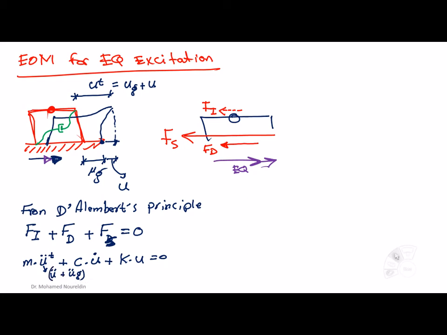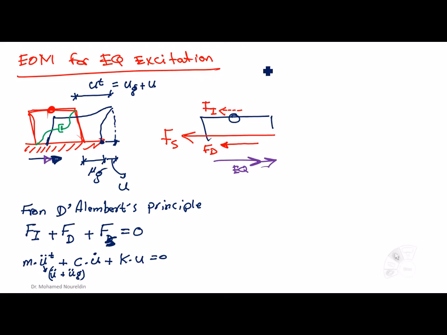There is one displacement at the base, which is going to be ug, and another displacement coming from the structural deformation, which is u. That's what we call it, ug and u. One component is coming from the ground excitation or ground displacement.